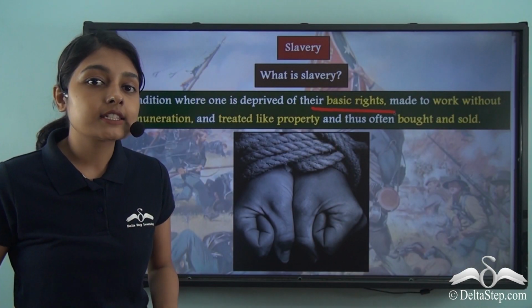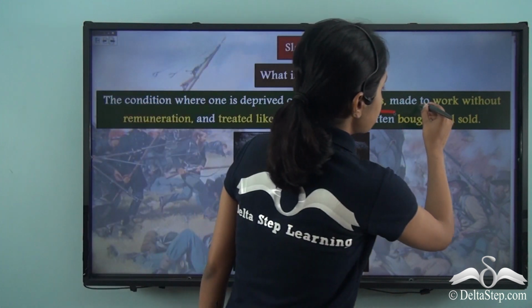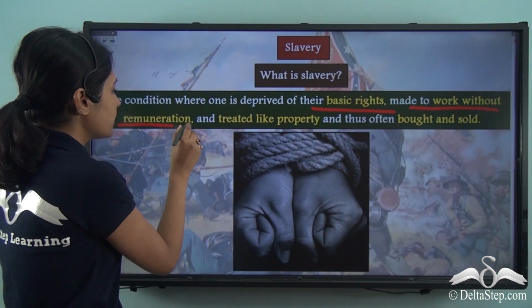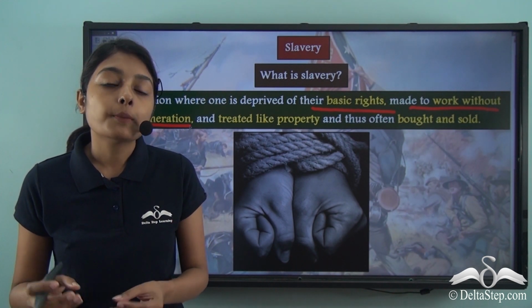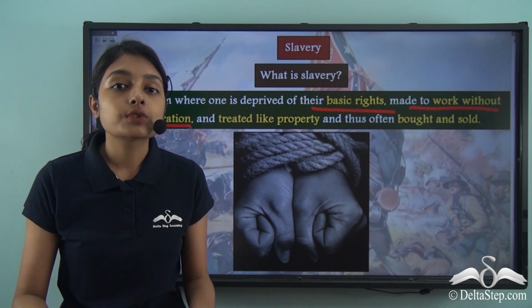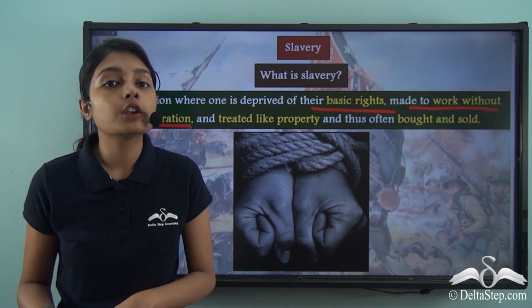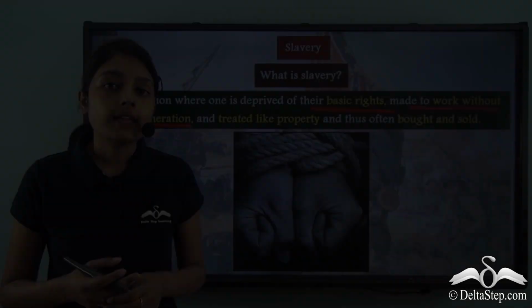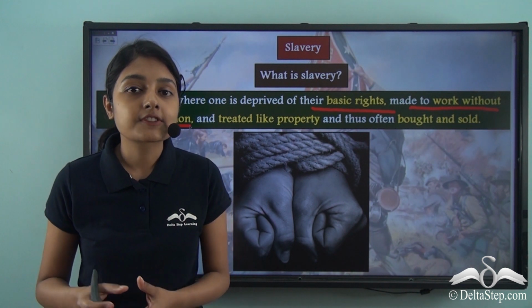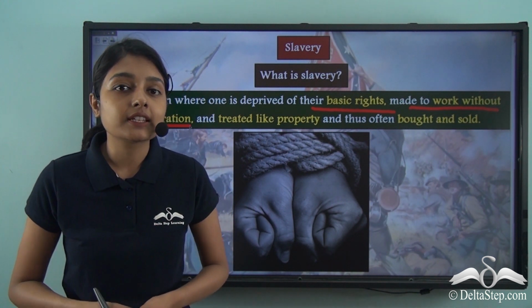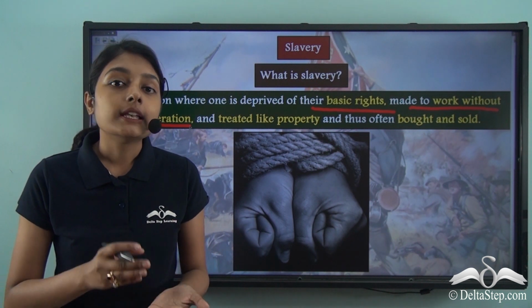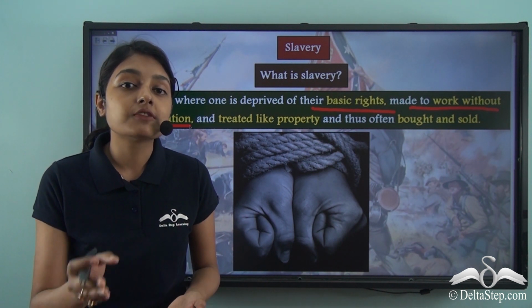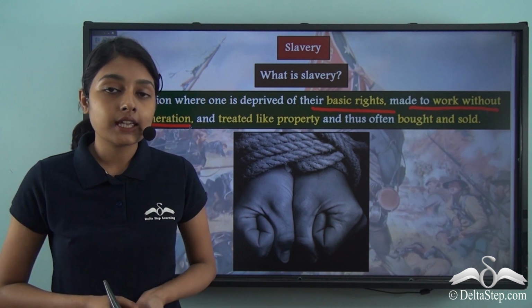Slaves are instead made to work without remuneration. This means that slaves are compelled to put their labor into something for which they are not even paid anything. And the effort that the slaves put in goes unappreciated as well. So labor is unpaid when slaves are rendering it.